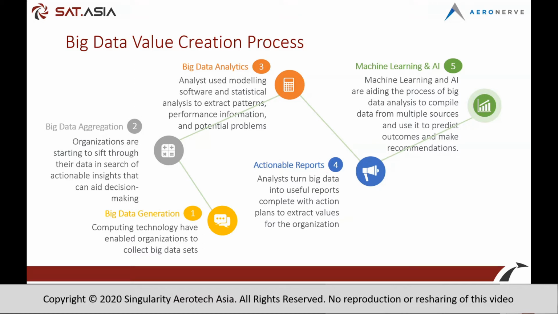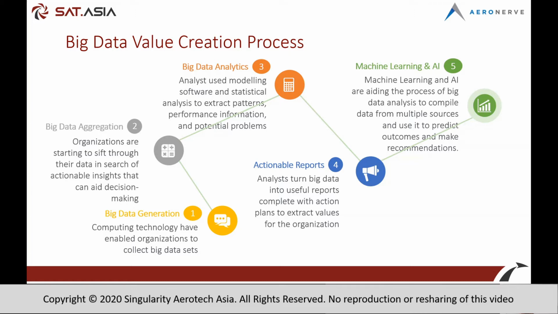The second step is the aggregation of data. Aggregation means you start to compile and sift through those data in search of insights that can assist you in decision making. When you look into those data and do analytics, we normally have a term, the big data analyst. Our company, for example, has a few teams of data analysts, as we call them.